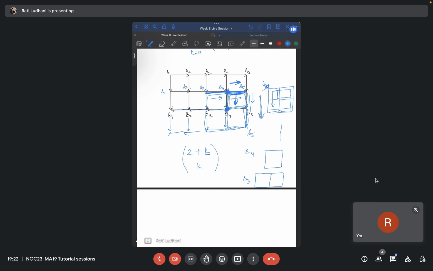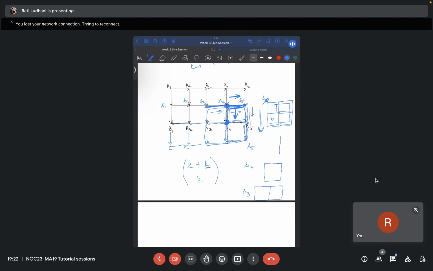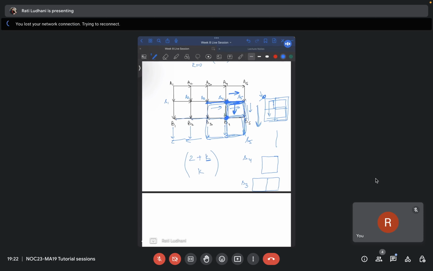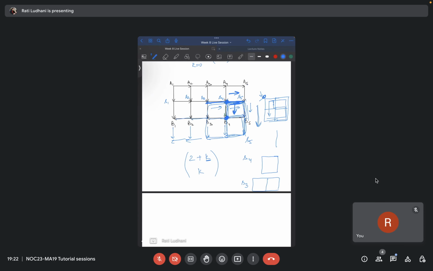How many steps are there for this part? This is exactly k. So I can go directly one step down, then one step to the east, then one step down, then one step to the west. One step, sorry, come again. If I number it, for example, you are in this box.